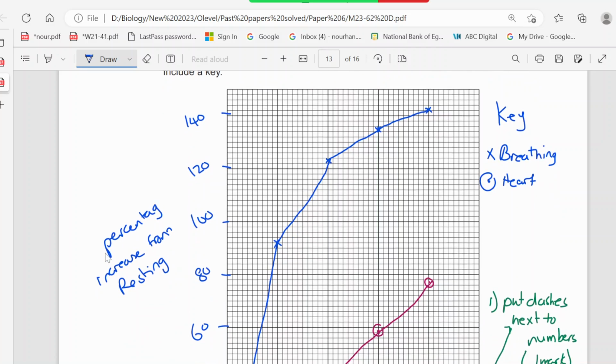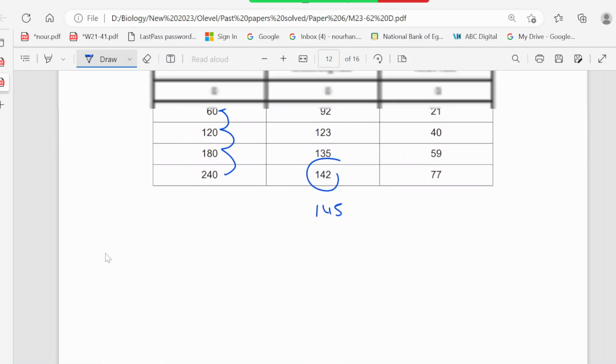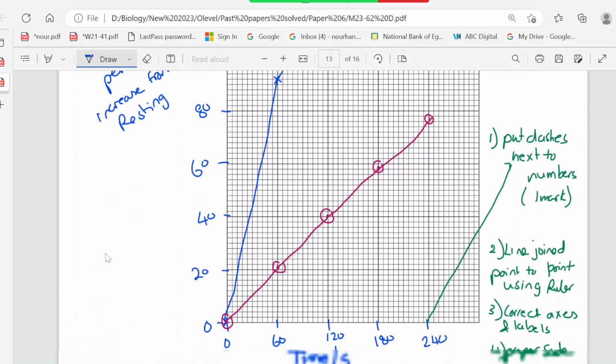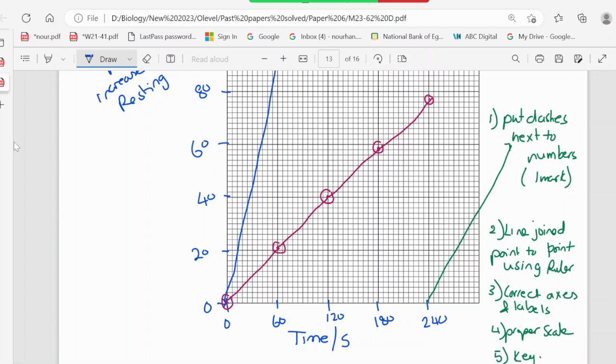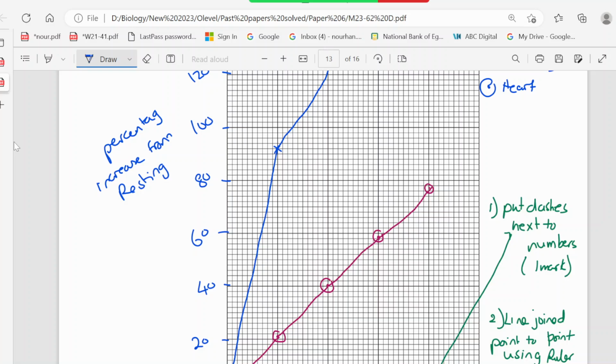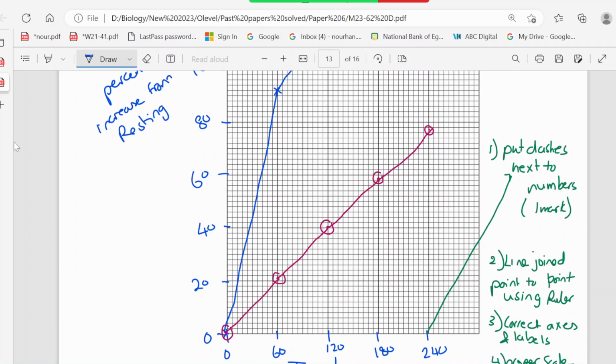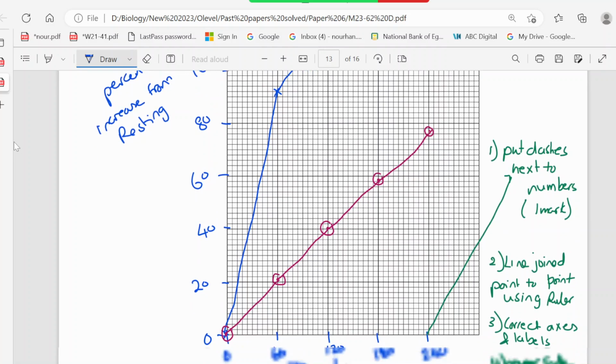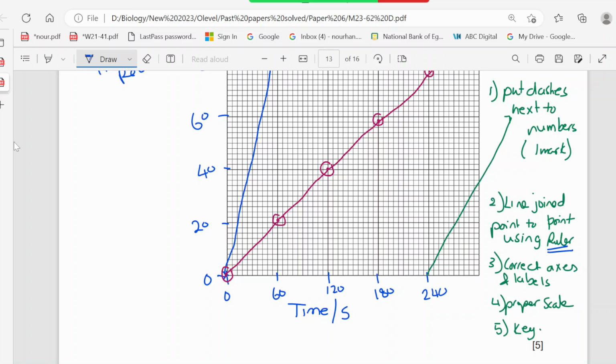So how do I plot the two sets of data? Nothing special. I just plot the two lines separately. But for this line I put the points as x's, while for this line I put the points as a dot and a circle, and then join point to point using a ruler.